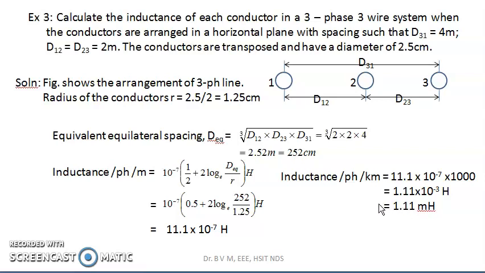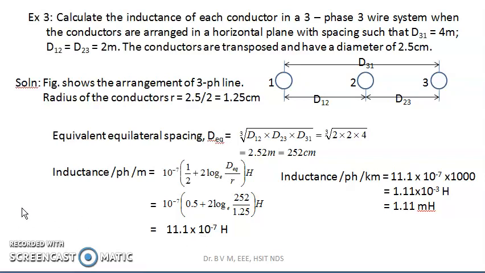This is the inductance of each conductor. What is important to note here is that you have to calculate the equivalent distance, the equilateral spacing. Once you calculate that, substitute it in this equation and we get the inductance. Fine, this is one example.